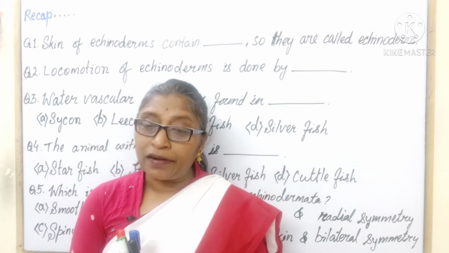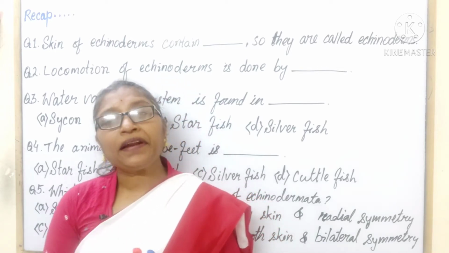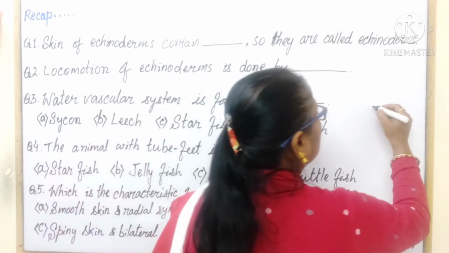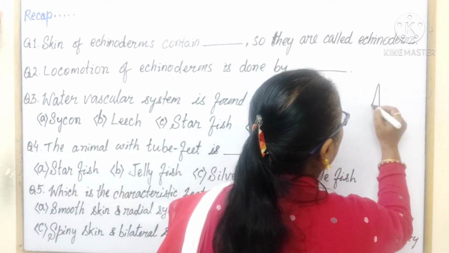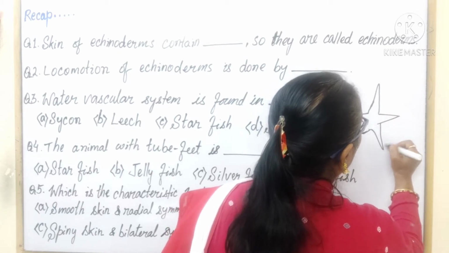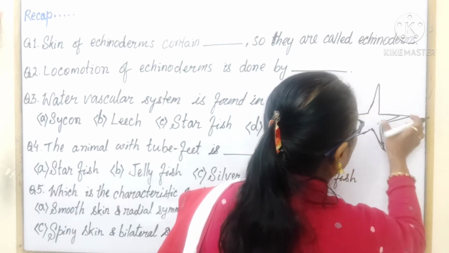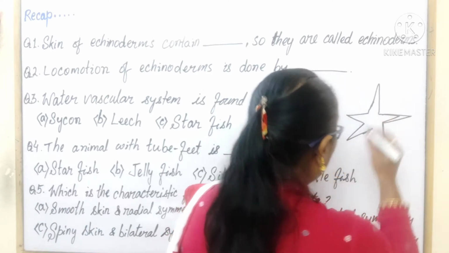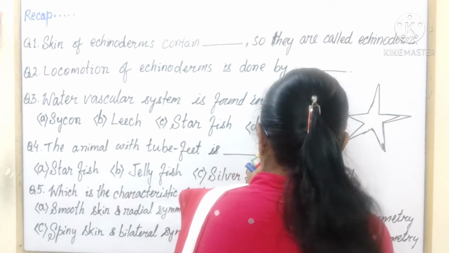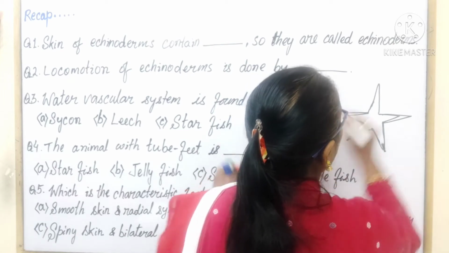These animals are radially symmetric, mostly pentaradially symmetric animals. Pentaradially symmetric because, as we know, starfish has 5 arms, and pentaradially symmetric because you see 5 planes can divide the animal into 2 equal halves. 5 planes.